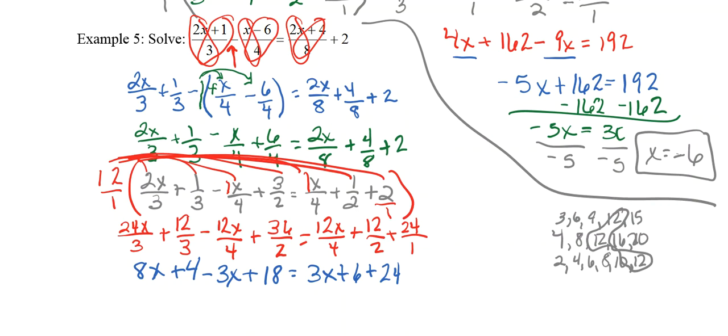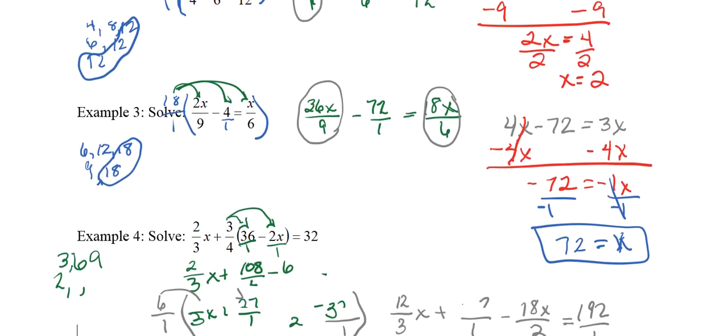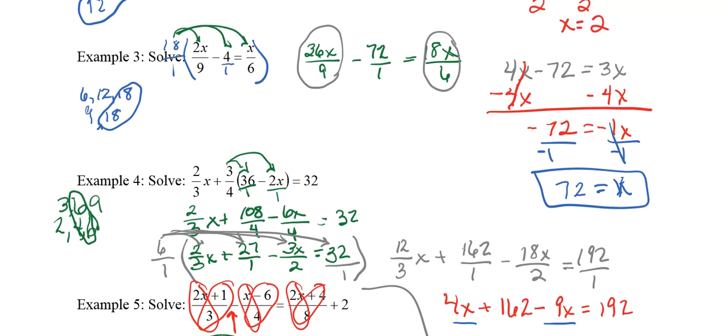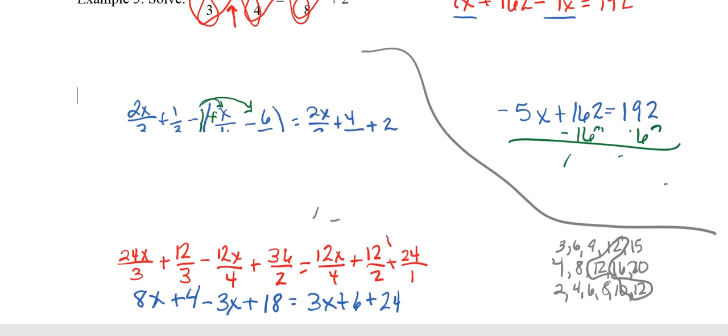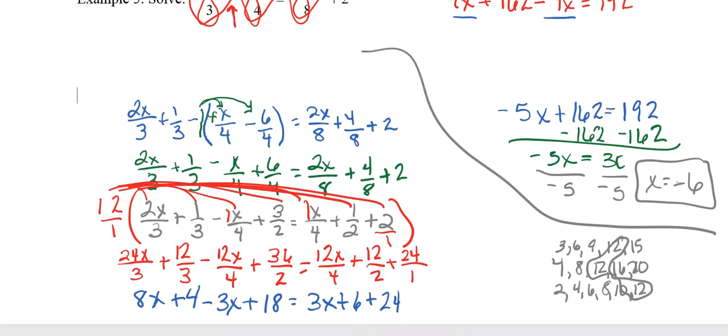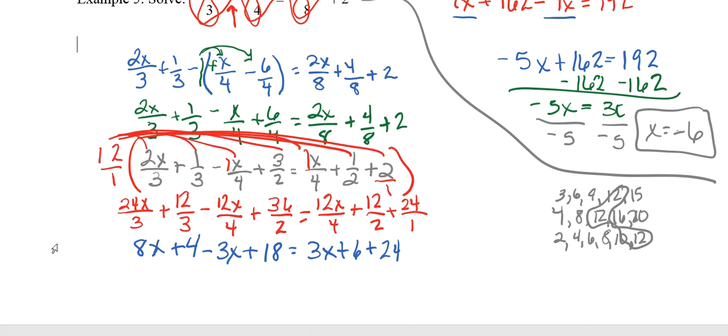Okay, so now what we're going to do is put our like terms together on the same side. Let's get back down where we were. Okay, 8 minus 3.